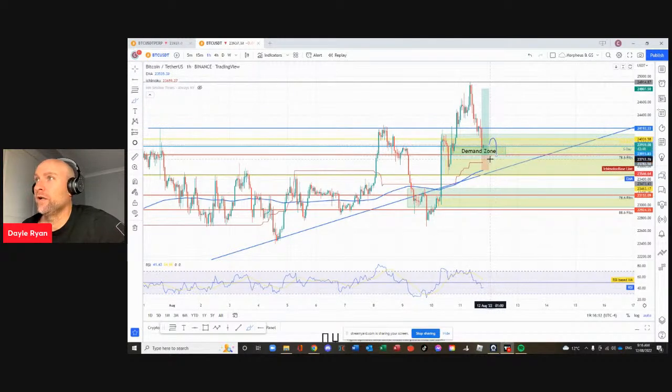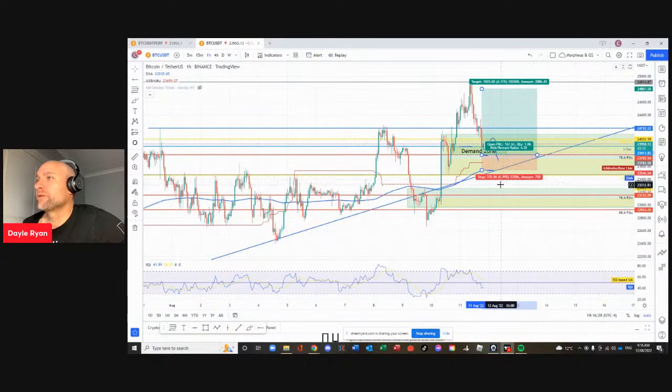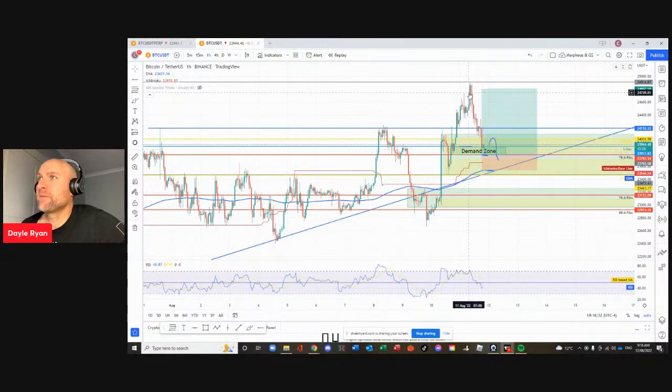That's why I've set my entry down here a bit lower, underneath this support. So I'm hoping to get a wick down here. I've got a 1% stop loss, just under 0.99%, and a 4.3% target, just back up to that old high.